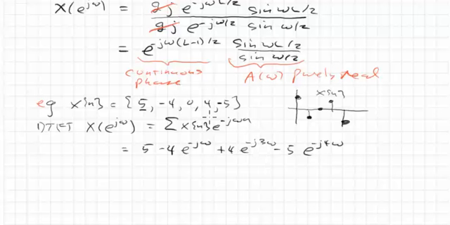What you're looking for to make these things work is either odd or even symmetry about some location. Here there's odd symmetry about n equals 2. And this also works if there's even symmetry about a place. All right, so let's explore this a little more.